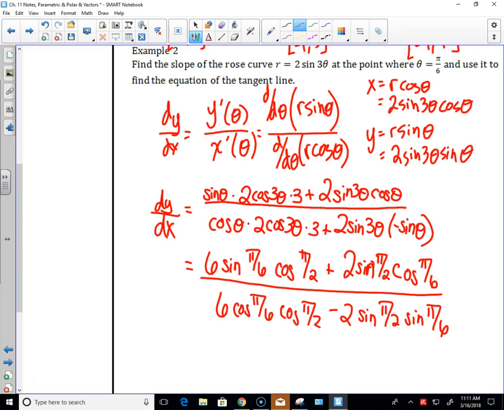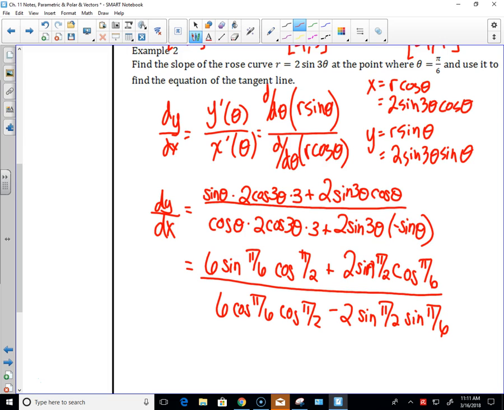Well, but the problem is one's a sine, one's a cosine. They don't match. So I can't factor out. Yeah, I wish we could. I mean, we can pull out 2, but I don't know if it's going to help a lot.